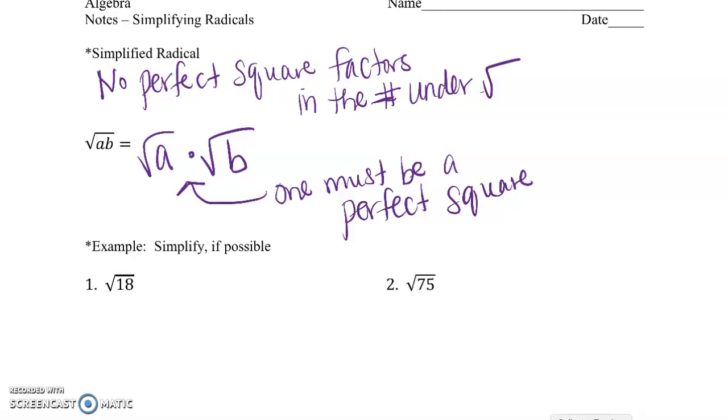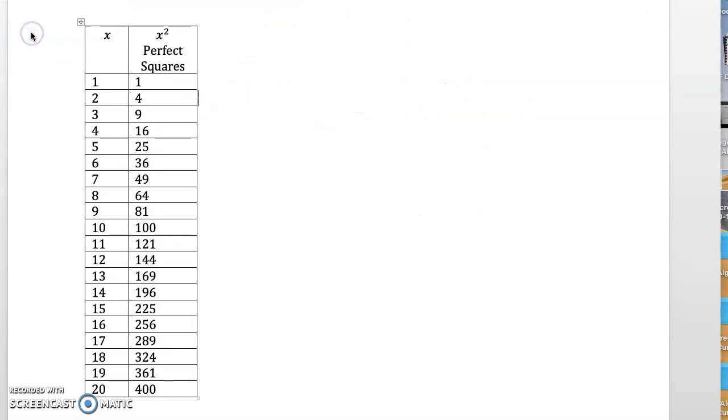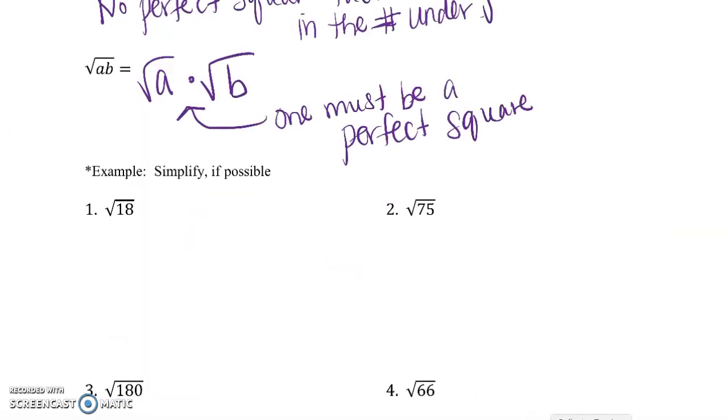Okay, so we think of 18. We're going to look at our list. What number on this right-hand side goes into 18? Well, 9 goes into 18. So we are going to break 18 into 9 times 2, and then we put the square root signs around it. You have to put the square root signs.